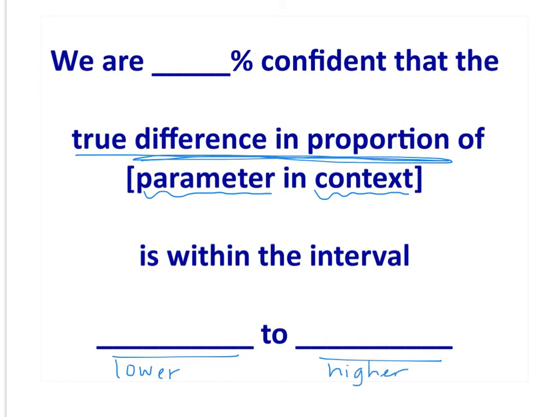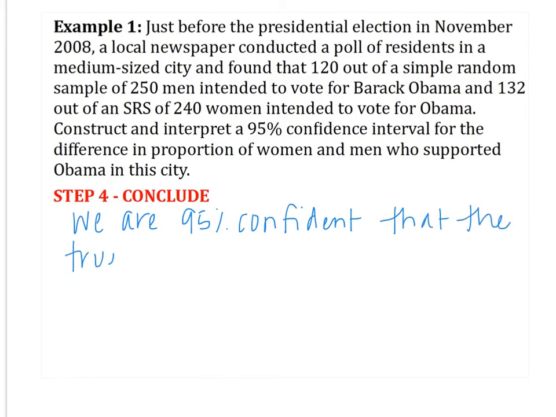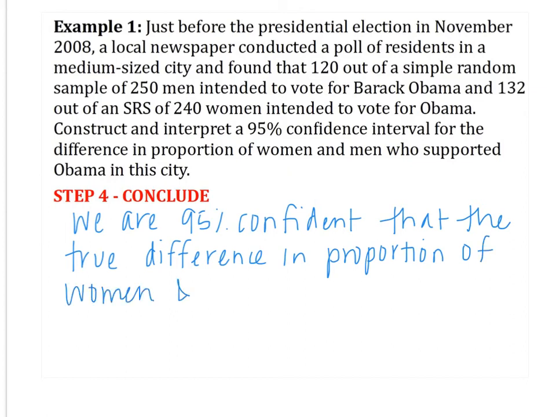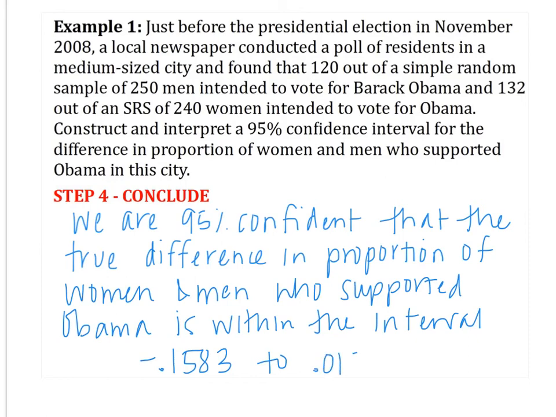So, in context to this problem, I would say we are 95% confident that the true difference in proportion of women and men who supported Obama is within the interval negative 0.1583 to 0.0183.